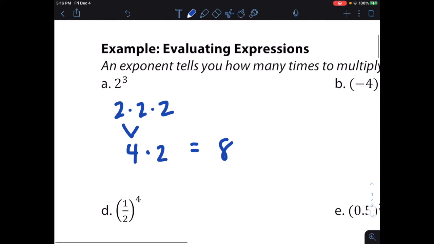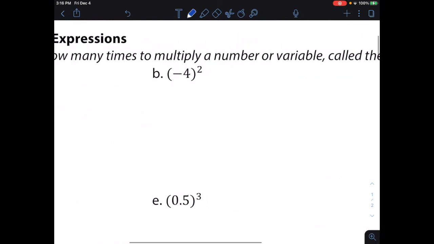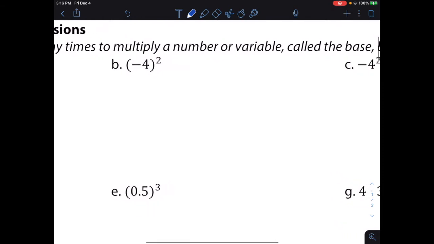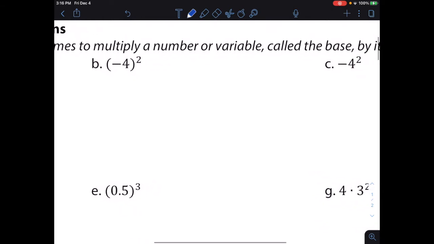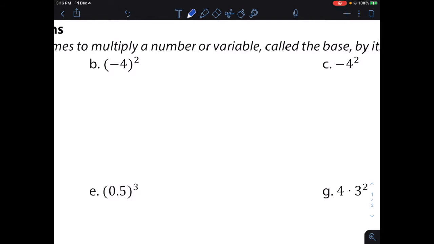Okay, now the next two examples are going to illustrate something that is super common. It's a super common place for you to make mistakes. If you take a negative number and you take it to a power of some sort, so in example B, it's (-4) to the second power.